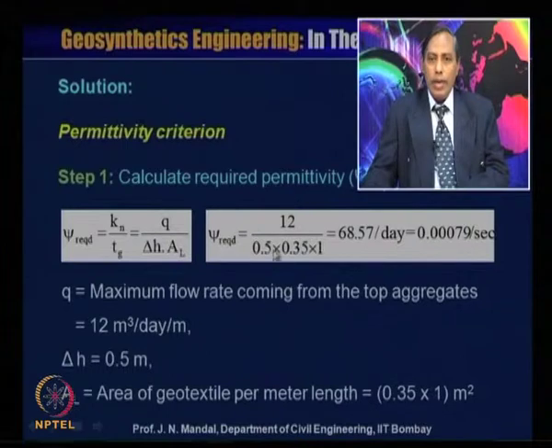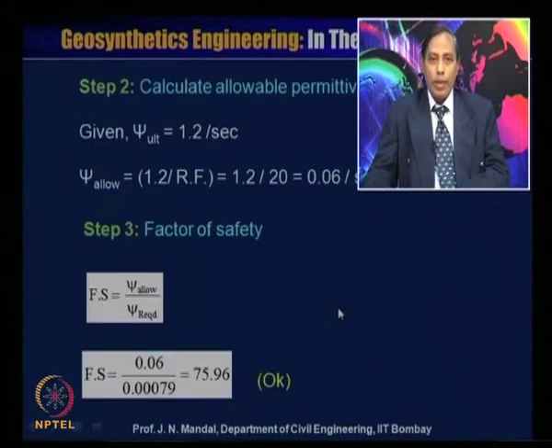Then you calculate the required permittivity, that is 68.57 per day, which is equal to 0.00079 per second. Q is the maximum flow rate coming from the top aggregate, that we take as 12 meter cube per day per meter. As I already mentioned, delta H is 0.5, and A is the area of the geotextile, in meter square.